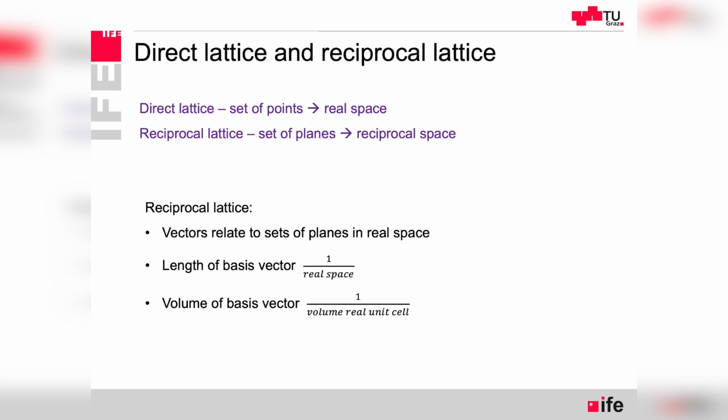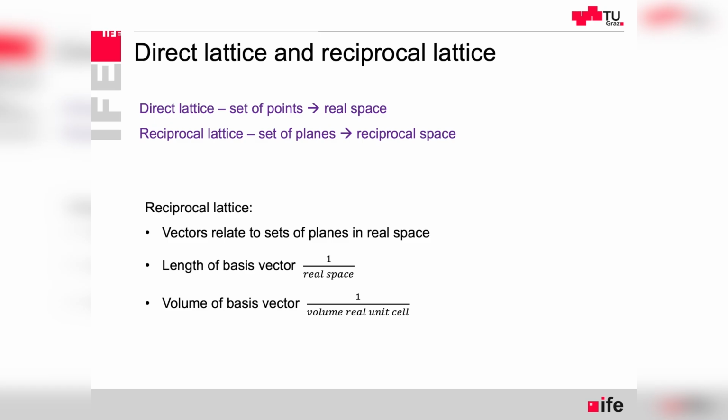And to talk about that, we will speak about the reciprocal lattice, where from the direct lattice we go to the reciprocal. So from a set of points, we move to talking about a set of planes. And therefore, we move from real space to the so-called K-space, the reciprocal space.